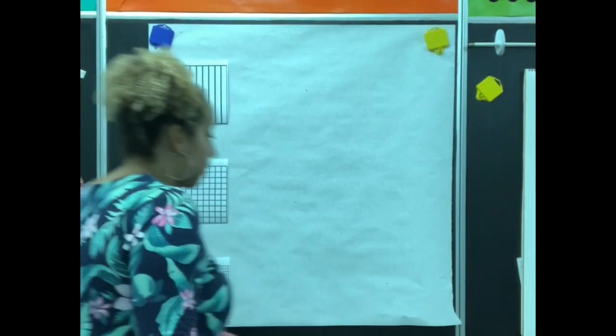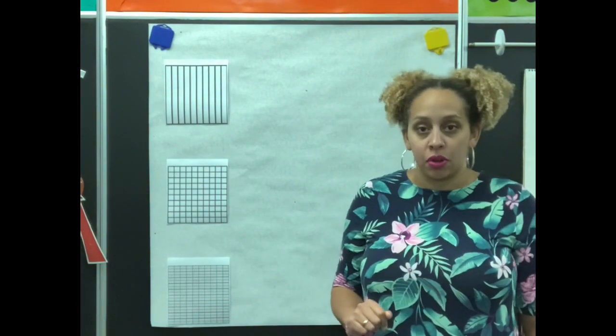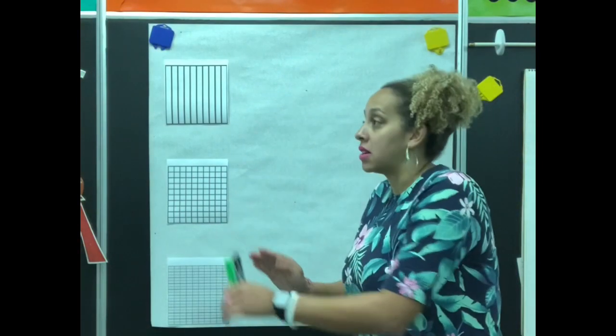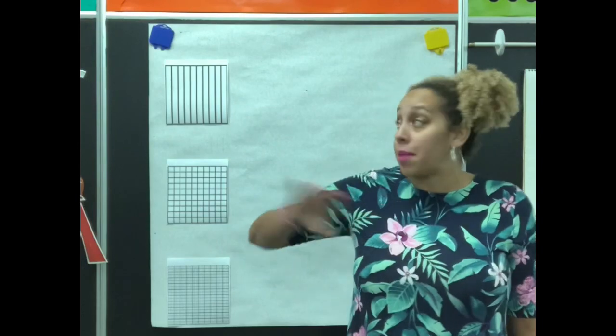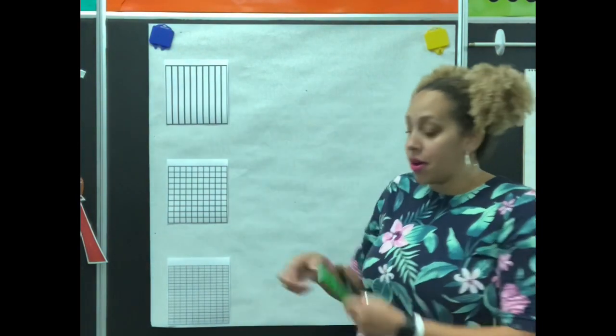All right, so the first thing we're going to talk about is the first place after the decimal. And the first place after the decimal is the tenths place, because the first place before the decimal is the ones place. So we are going to write tenths. You are going to write this on your top flap that has this underneath it, okay?